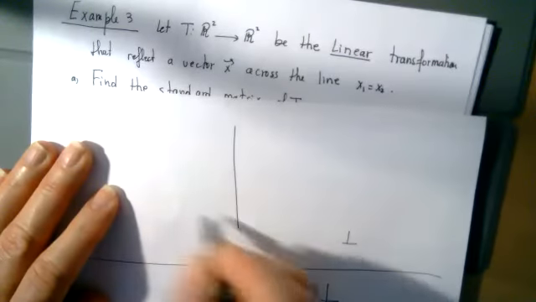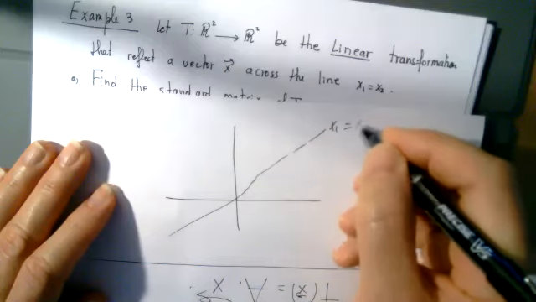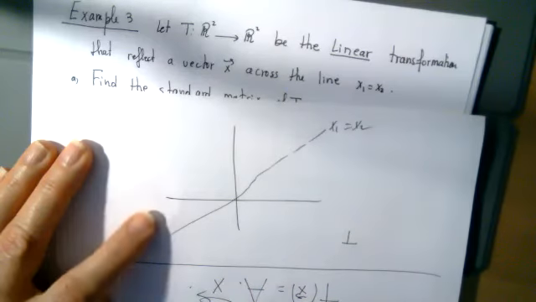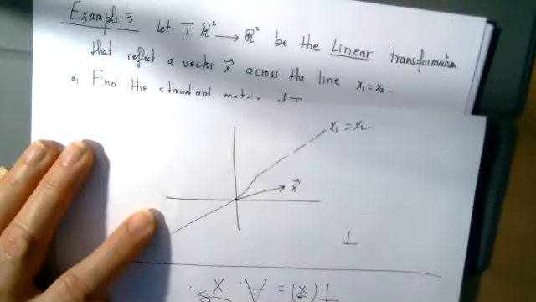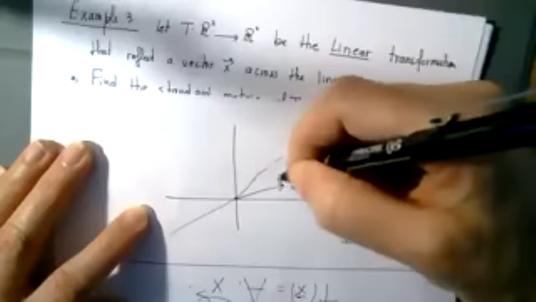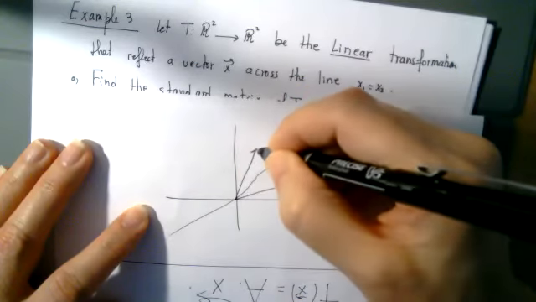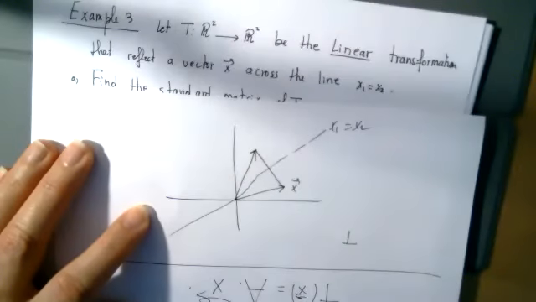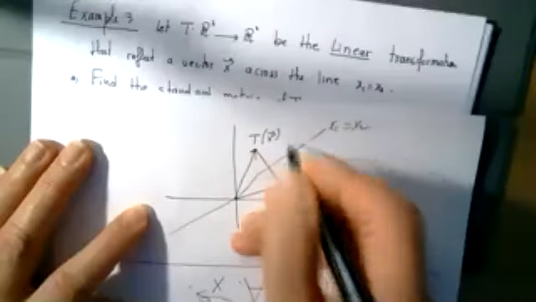That's the line x1 equals x2, and the transformation takes a vector x and reflects it across the line x1 equals x2. So that's T of x for me.